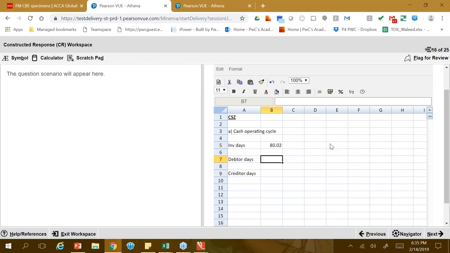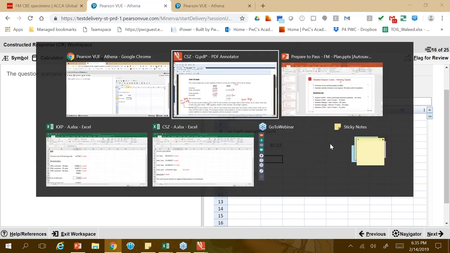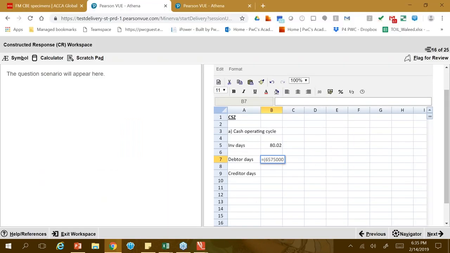In the same way, we'll do the debtor days now. For the debtor days, we'll take the receivables, which are 6,575,000, over the sales, which are 40 million, into the 365. That gives us our debtor days, which come out to be 60.